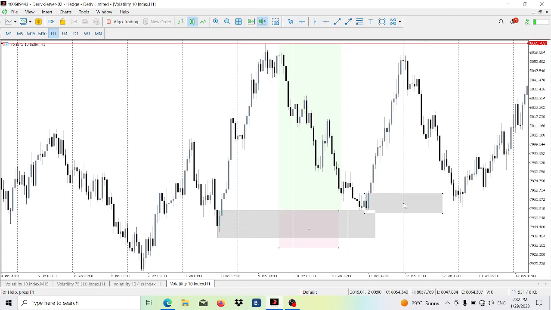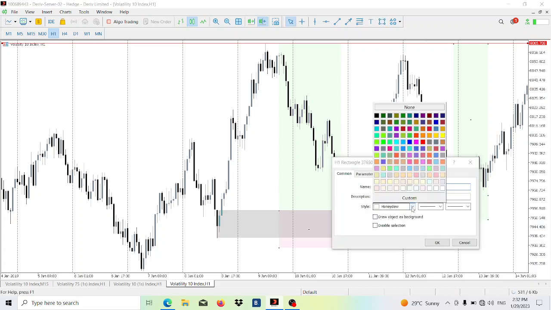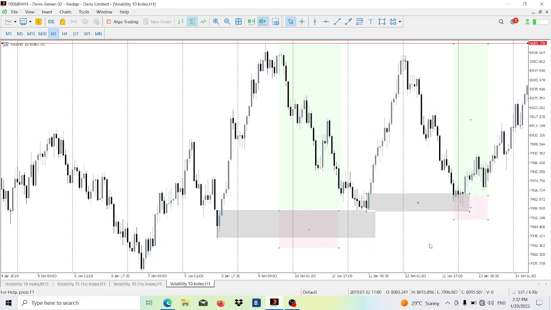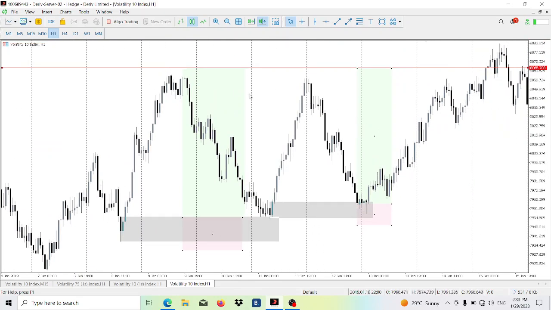Last down candle as well here. We have a secondary entry. Boom, we both had the targets hit.